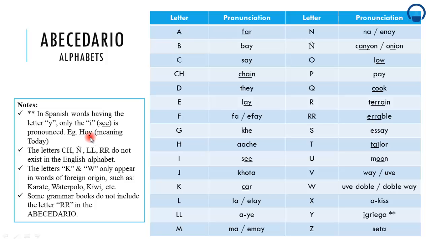Y is pronounced as E. Also note that the letter H is mostly silent in all the words of Spanish, so it is not pronounced anywhere.